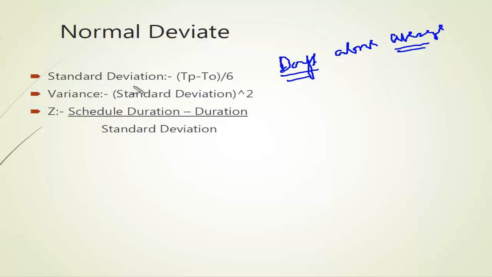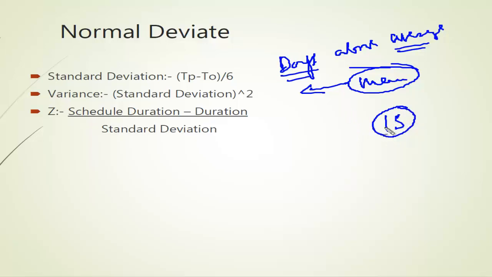Okay, then variance will give you how far a set of numbers are spread out from their mean. So you have calculated the mean value, and how far the values go. For example, if you want to understand variance, say the marks obtained: 15 is my mean.